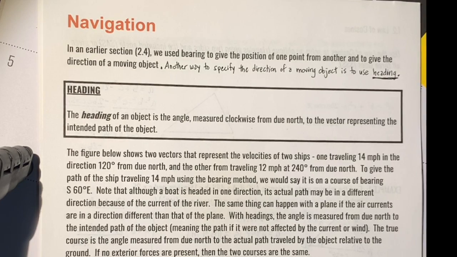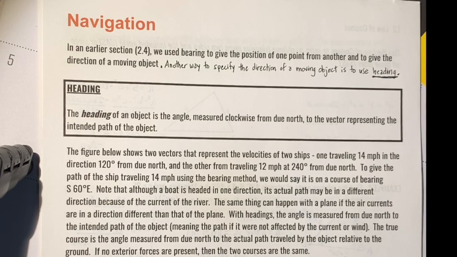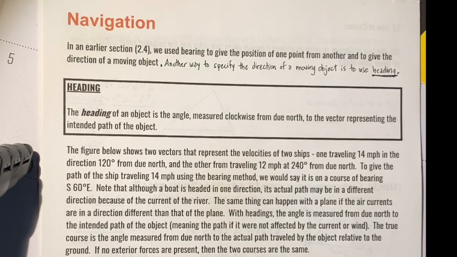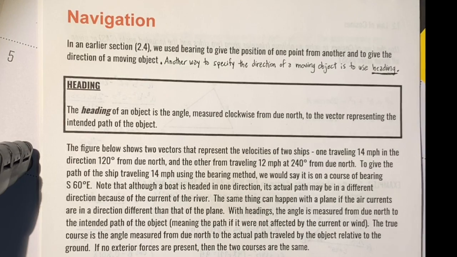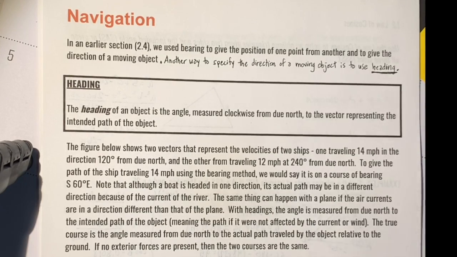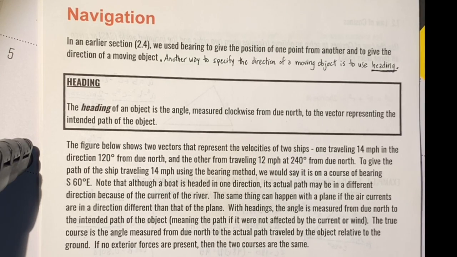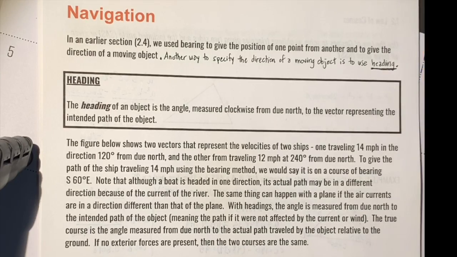And so remember, bearing basically tells you how many degrees to the east or west of the north or south line that the ship or the airplane or whatever the object is traveling. So we're going to look at a different way of identifying direction, and that is with what we call the heading.